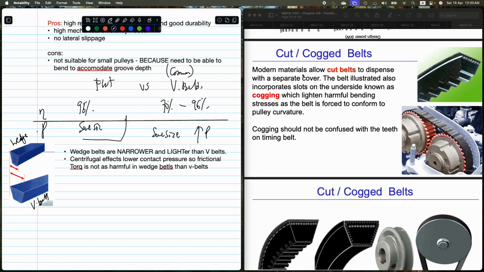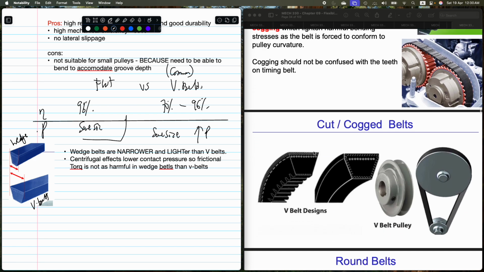Cogged belts. So we have modern material cogged belts with a separate cover. So we have cogging, so the belt illustrated also. Cogging lightens harmful belt stresses as the belt is forced to conform to the pulley curvature. Cogging should not be confused with the teeth on timing belts.